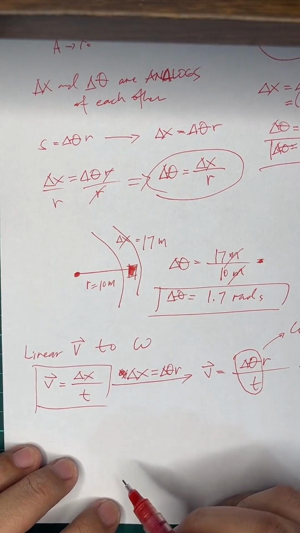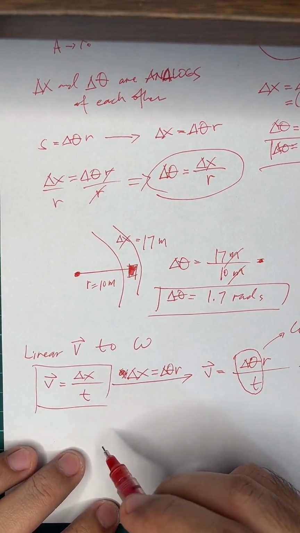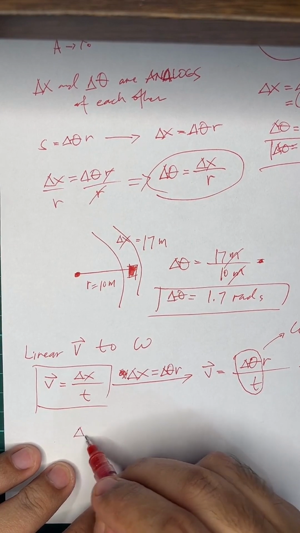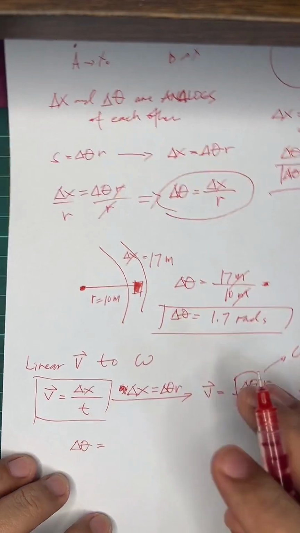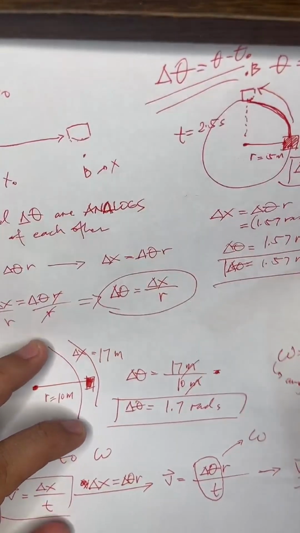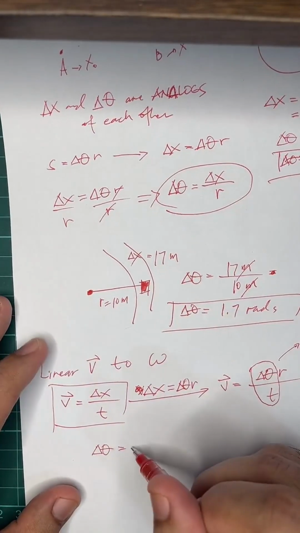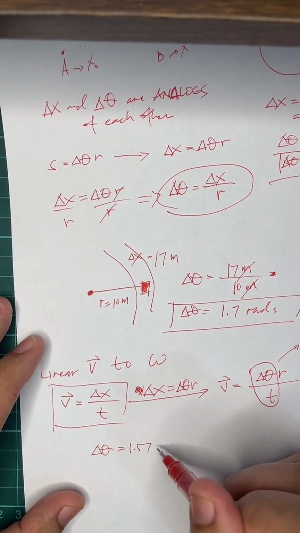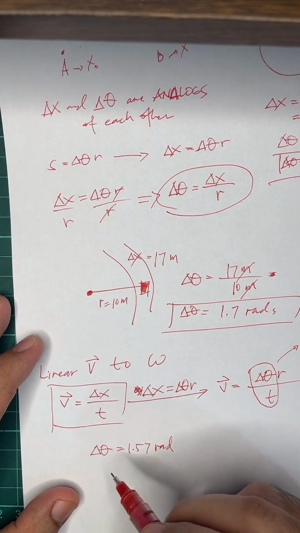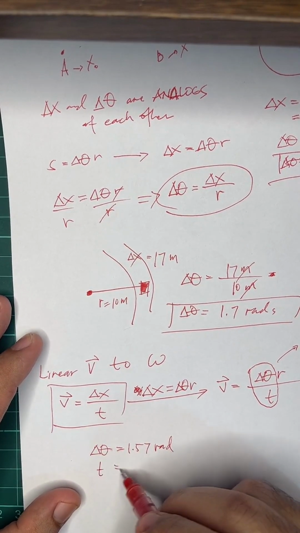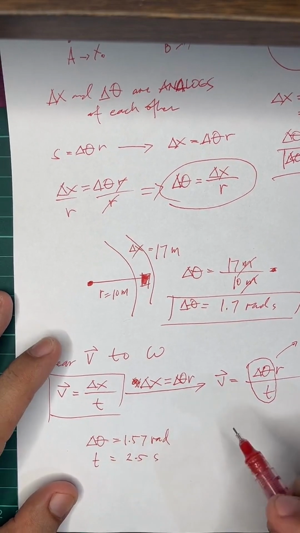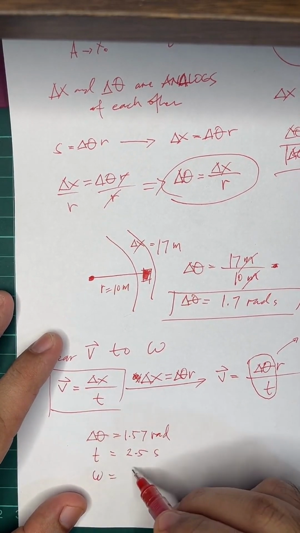So we have computed already delta theta, which is about 1.57 radians. Time of 2.5 seconds. And we are looking for omega.